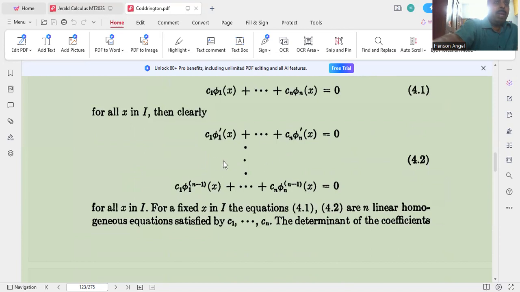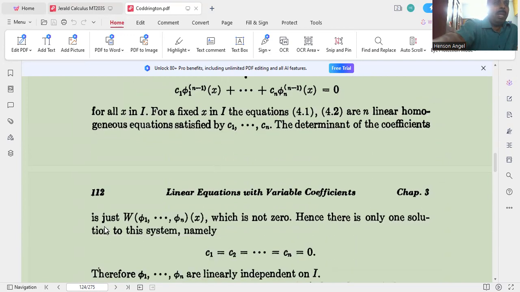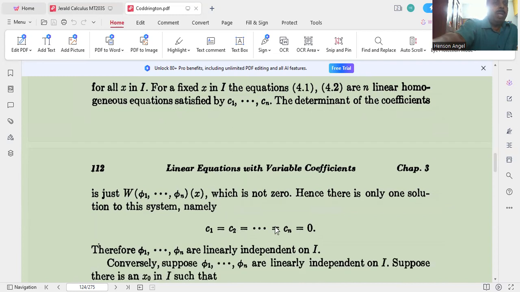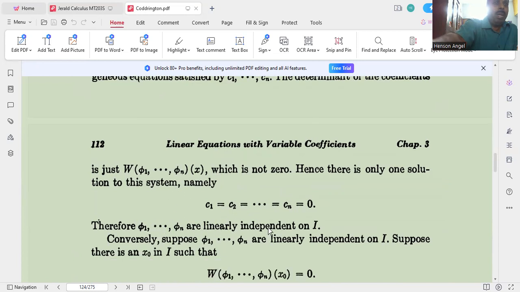So these equations are to be satisfied for all x in the interval I. For a fixed value x in I, the above equations are linear homogeneous equations satisfied by C1, C2, C3, ..., Cn. The determinant of the coefficients is just the function which is not 0. Hence, there is only one solution to this system, namely C1 = C2 = C3 = ... = Cn = 0. Therefore, the functions are linearly independent on the interval I.